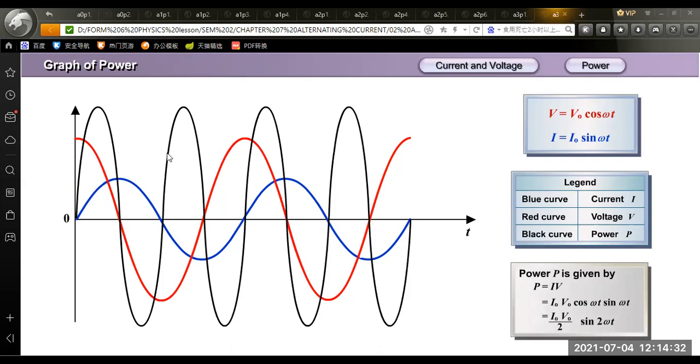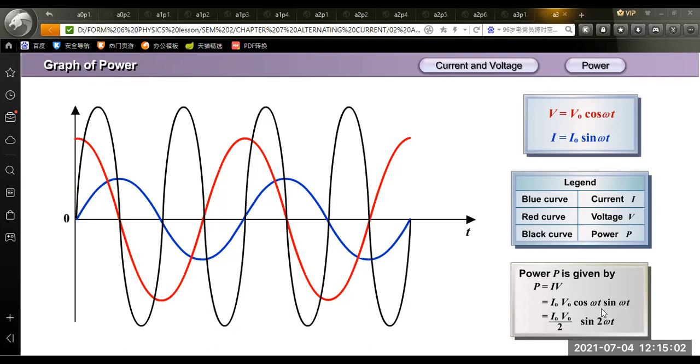The black color shows the power of the inductor. So P is equal to IV, where I is equal to I naught sin omega t and V is V naught cos omega t.